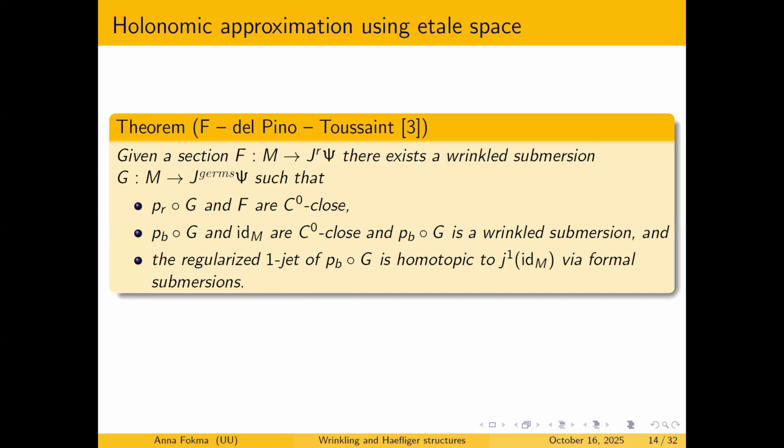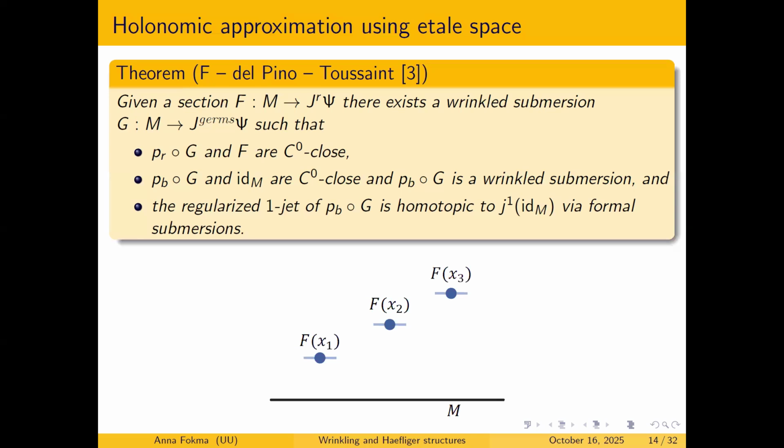Okay, then we'll do a proof by picture. So the idea of the proof is basically the following. We take a sample of a formal section. I've now taken a sample consisting of 3 points. And then we find some holonomic extensions, meaning that we find some jets of the original bundle psi, such that, for instance, in x_1, its jet agrees with F in x_1.